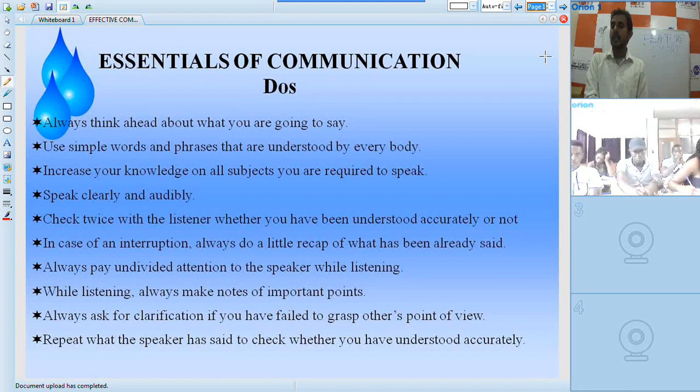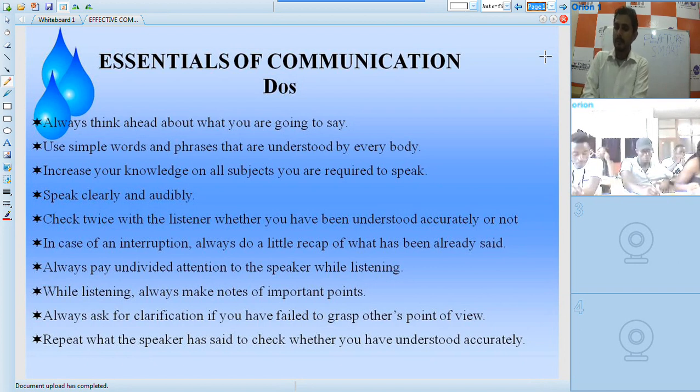Check twice with the listeners whether you have been understood accurately or not. While I'm taking class, I'm asking you again and many times whether you have understood or not. So you need to ask the same when you are communicating with others.